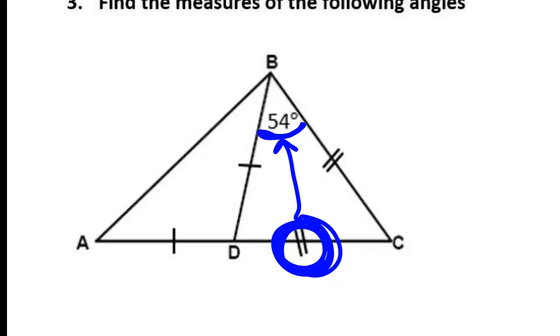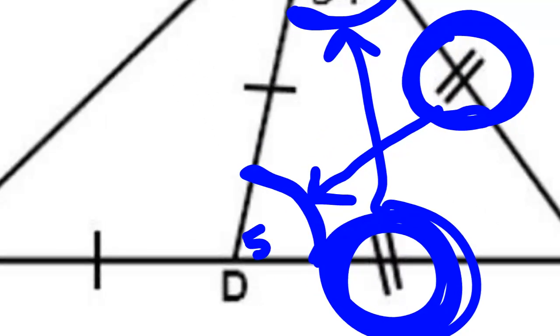So I'm looking at that. How do I find the angle? Yes, BDC. Here's the other side that's congruent. Here's the angle that is opposite that. So this would be congruent to this guy up here. So that means this angle right here is 54 degrees.